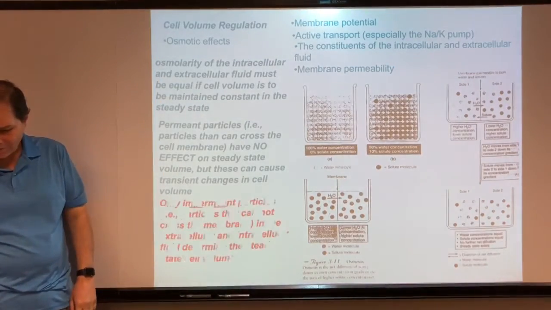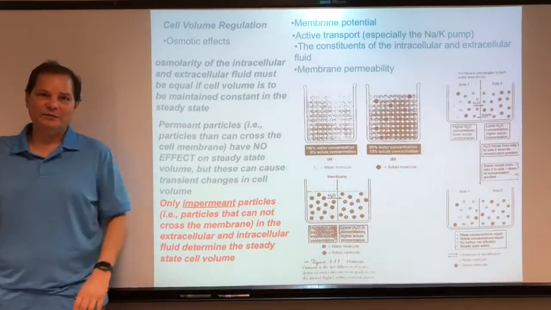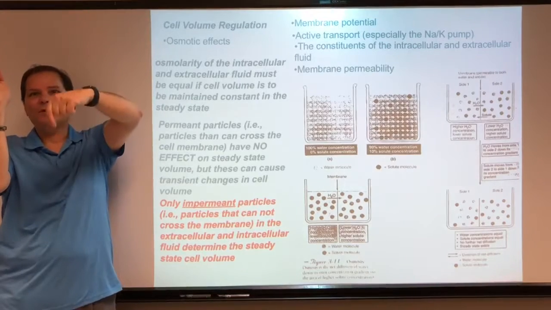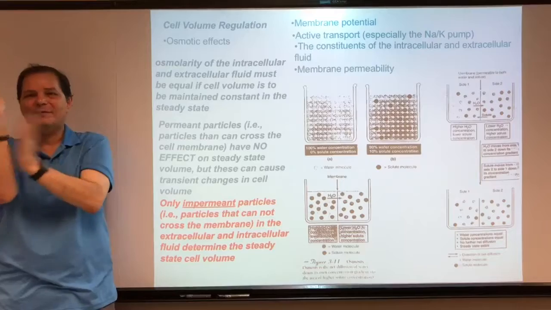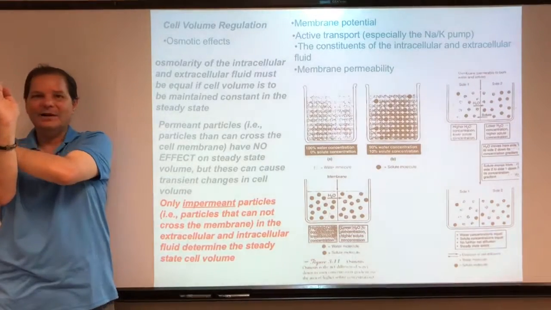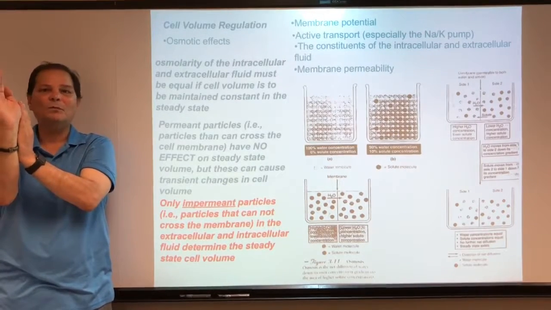On the other hand, if I have an impermeant molecule, that is going to affect cell volume. So here's my membrane. If I drop a membrane impermeant molecule here, now this molecule can't get across the membrane. So I have a higher osmolarity here than I have here. So if this molecule can't move, water will move instead.